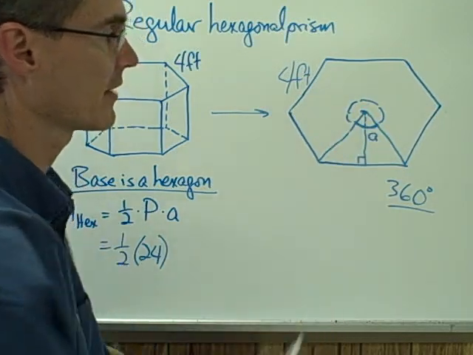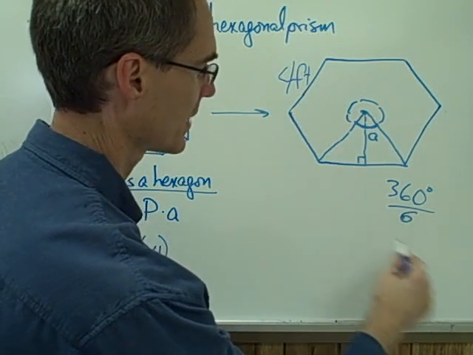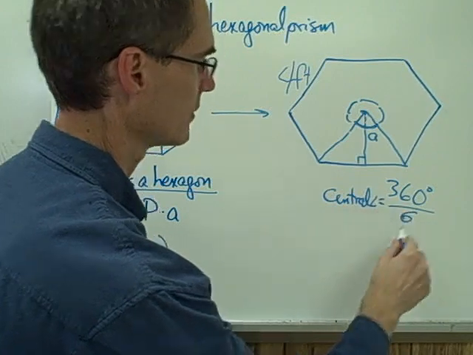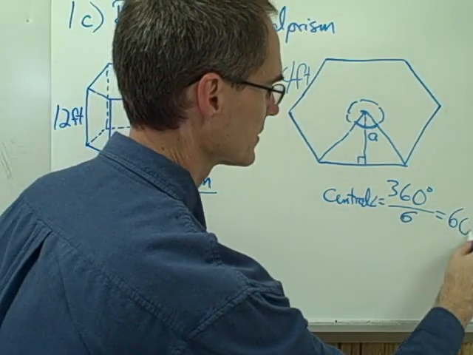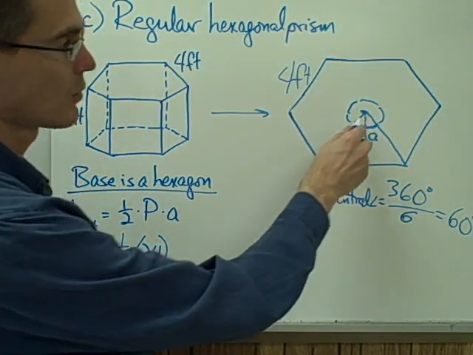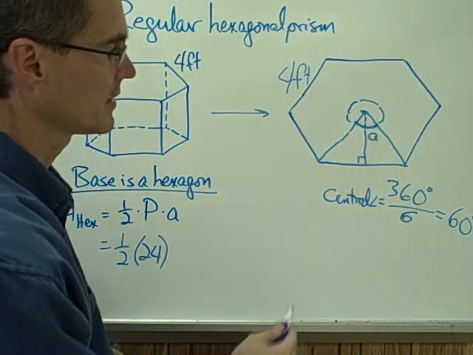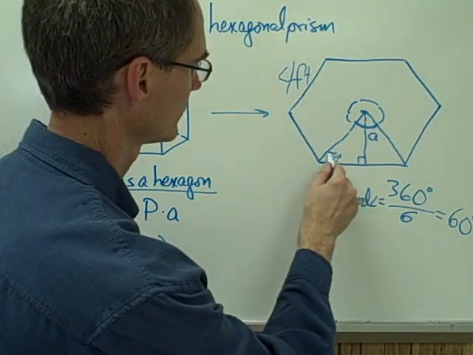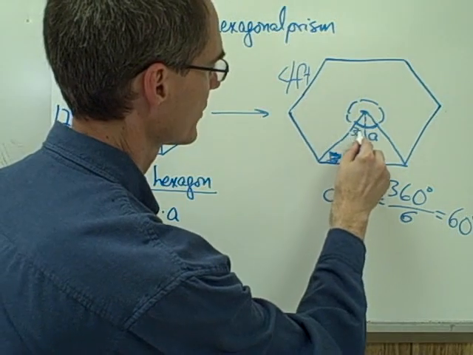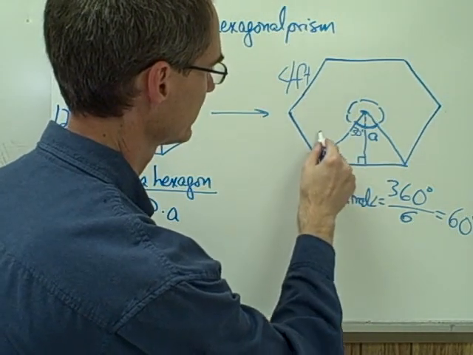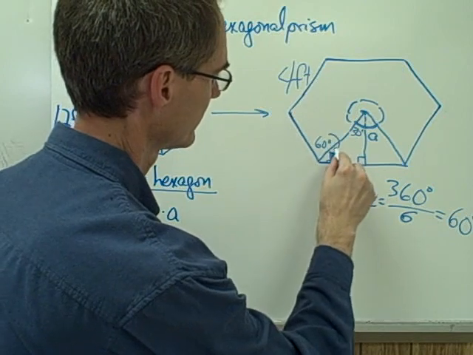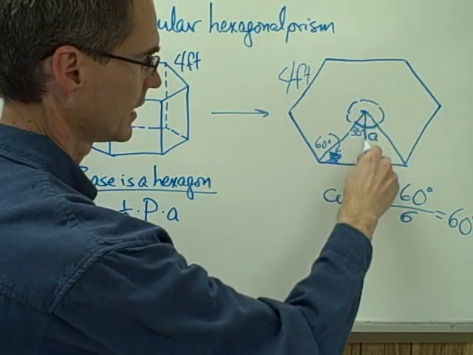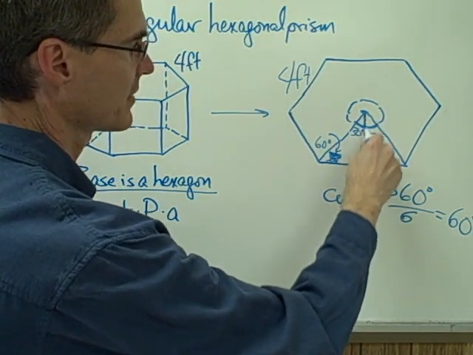Since it's a hexagon, I have 6 of them, so 360 divided by 6 is 60 degrees, and so right away I have another 30, 60, 90 triangle. This is my 30-degree angle, and this is my 60-degree angle.